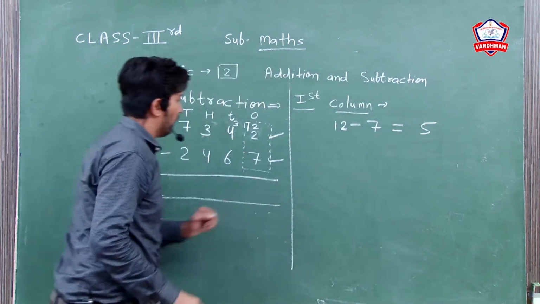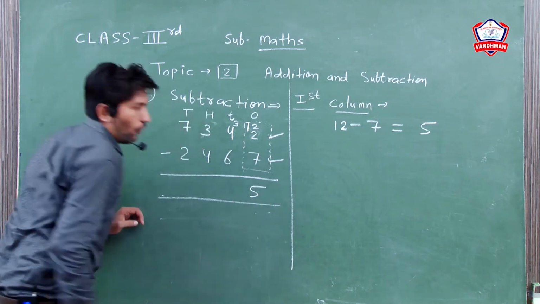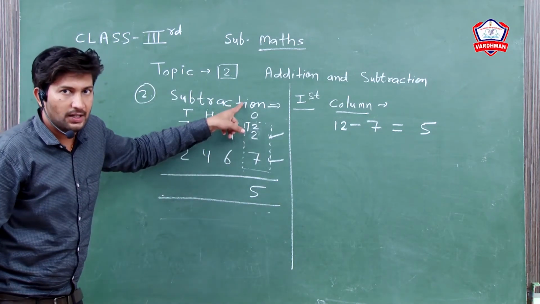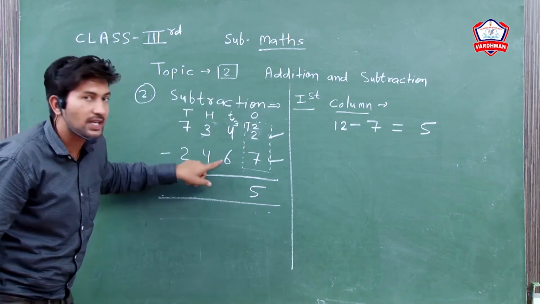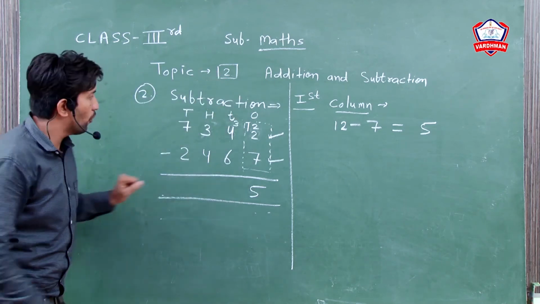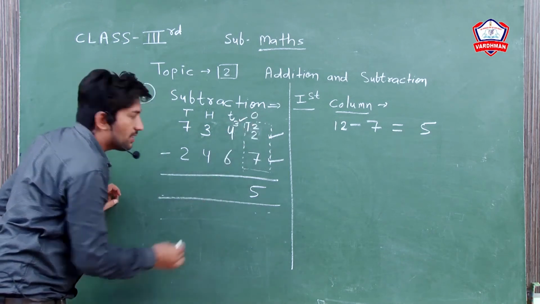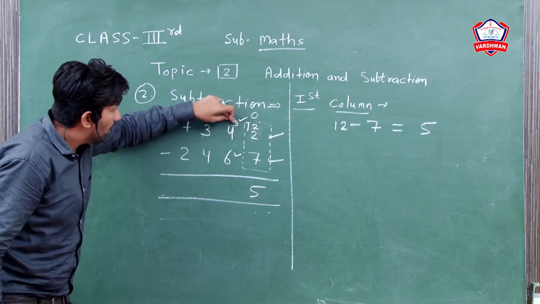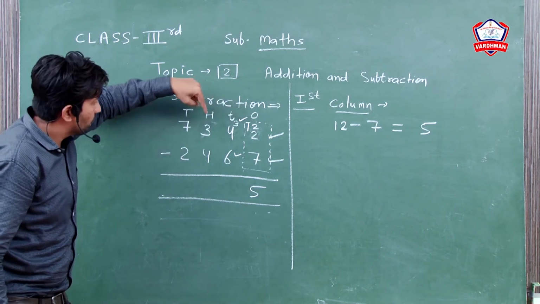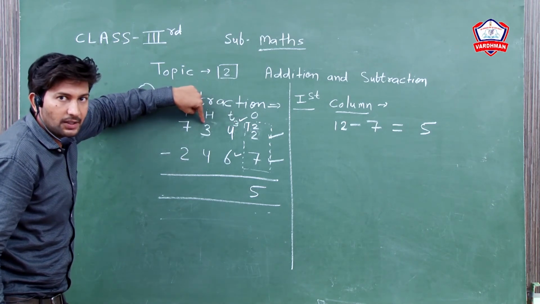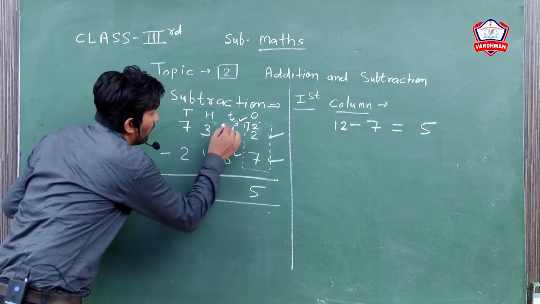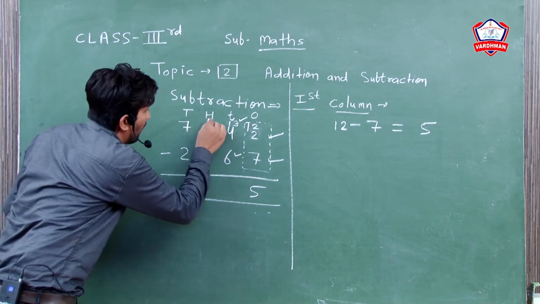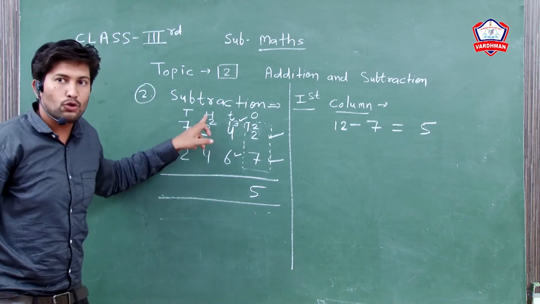Now we will take the 5 in the first column. Now 4 has become 3. Now 3 less 6, it is also difficult, because 3 is less and 6 is greater than 3. Now 3 also borrows one number. Now 3 is given the one number, it becomes 13, and 3 gives one number, then it becomes 2.